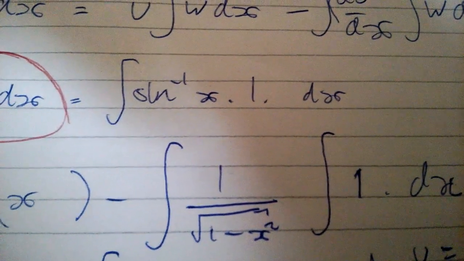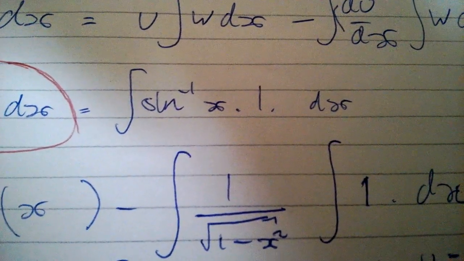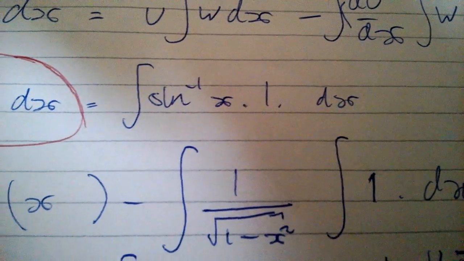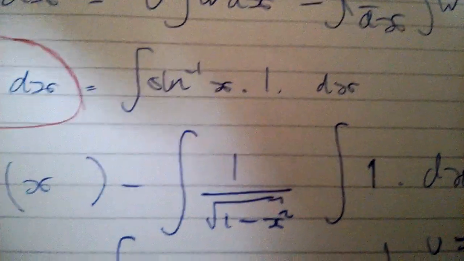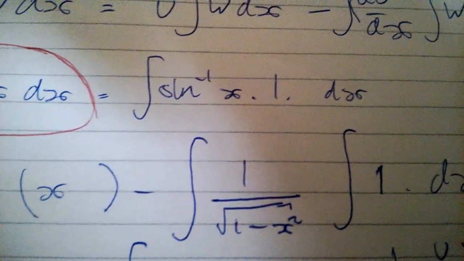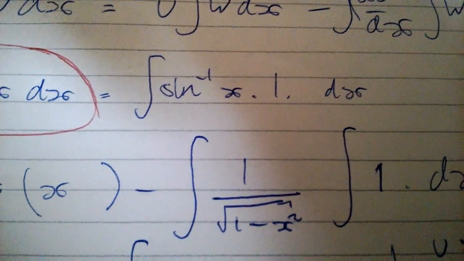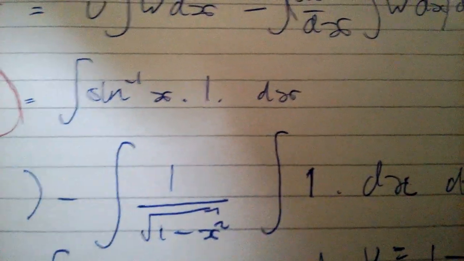As I showed, I think, in the previous video, to differentiate sine to the minus 1 x, that's 1 over the square root of 1 minus x squared. I think I've got a video to show that. That's the first expression in the second term of my equation, and then 1 dx is the second function being integrated.